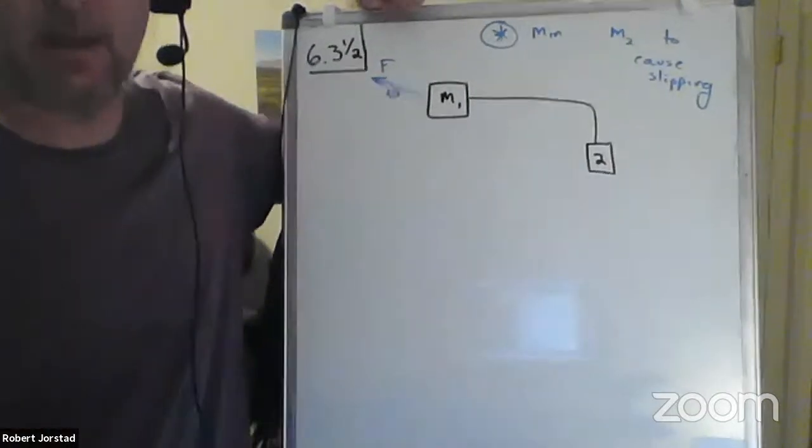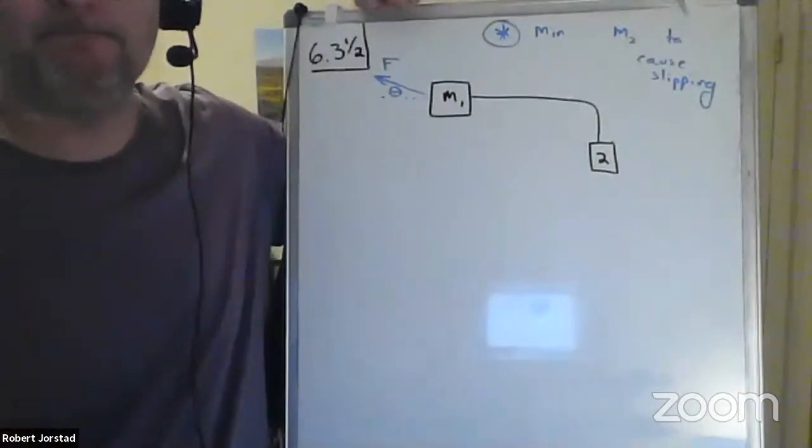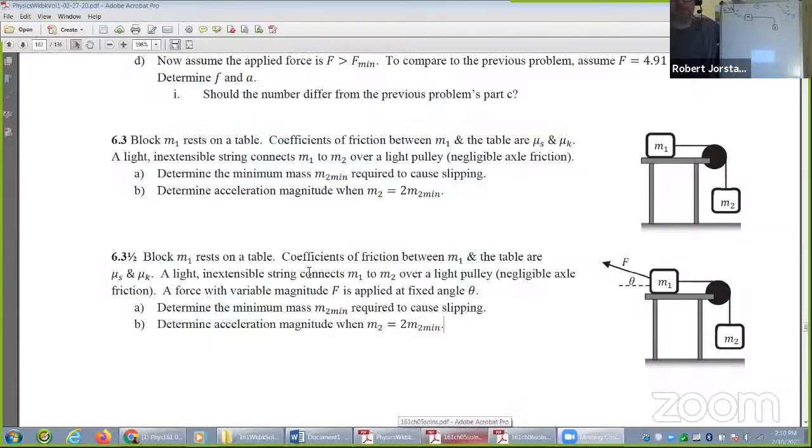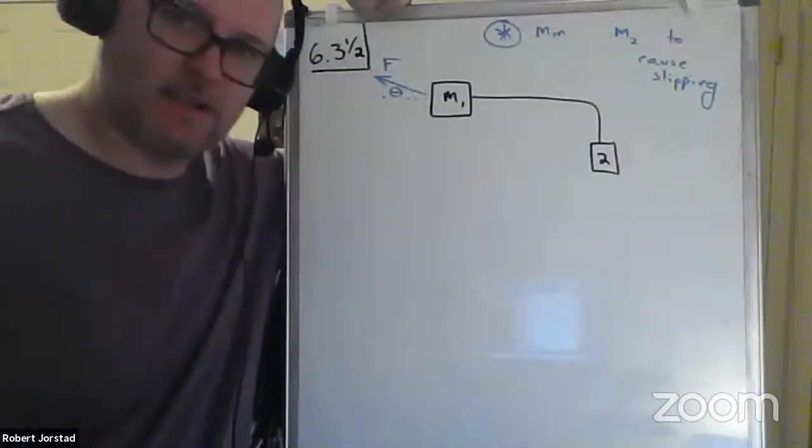Let's go back and look at the problem one more time. See if there's anything else in there. What does that make you think? Which way is it going to slip? Should it slip to the left?